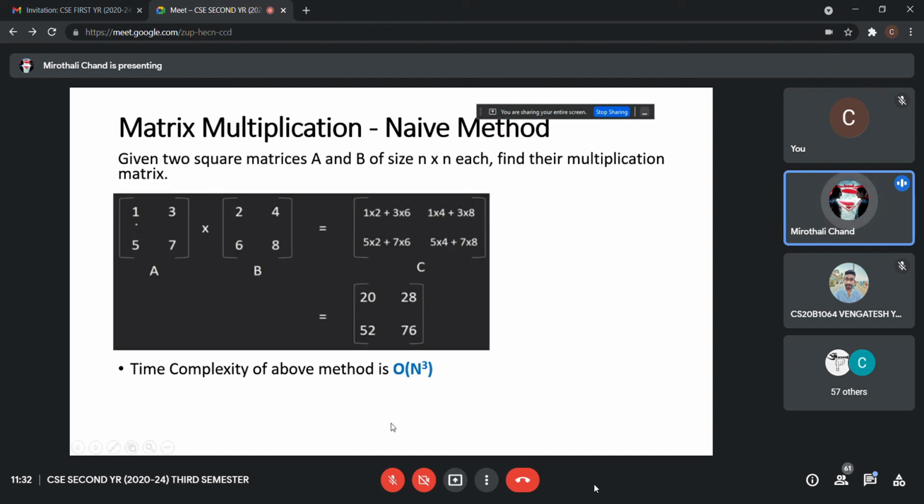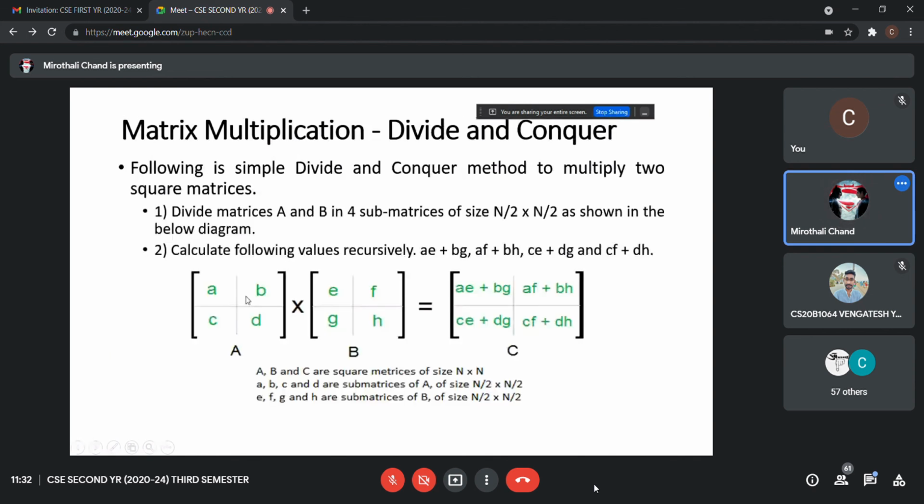Normal matrix multiplication has the time complexity of O of n power 3. In the case of divide and conquer, we divide each matrix into submatrices of size n by 2 cross n by 2. So this 2 cross 2 matrix here is considered as a 1 cross 1 matrix.